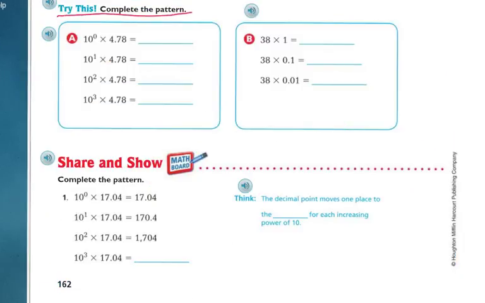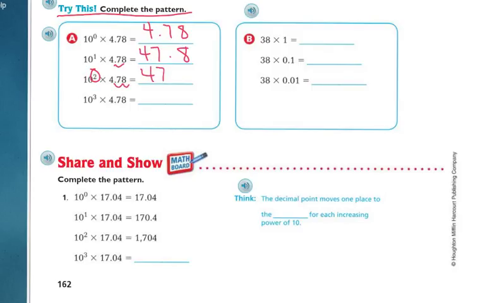All right, let's complete the pattern. So I have 10 to the 0 power, or the power of 0, times 4.78. So I'm going to do 4.78, because that's like saying 1 times it, right? Now, 10 to the first power, and now I'm going to move my decimal over 1 space, so it's going to be 47.8. Now I'm going to move my decimal over 2 spaces. 1, 2.